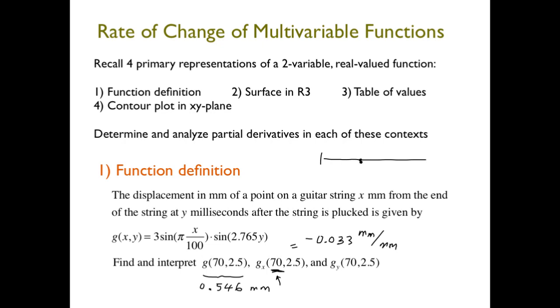So here we are at 70 millimeters down the string. If you changed x a little bit, meaning go a little bit further down the string, this allows you to find out how much the displacement of the string goes down.